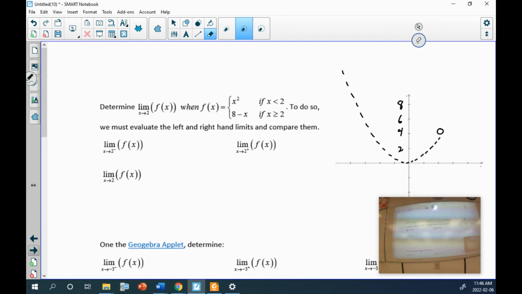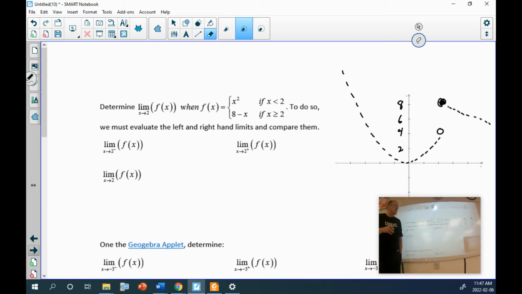And then 8 minus x, I'm going to have a completed circle because it's greater than or equal to, and I would have a line going down like that. Well, it's not perfect, but I'll tweak it a little bit so it's a little shallower. Now, there is a sketch, not perfect by any stretch, of our function.